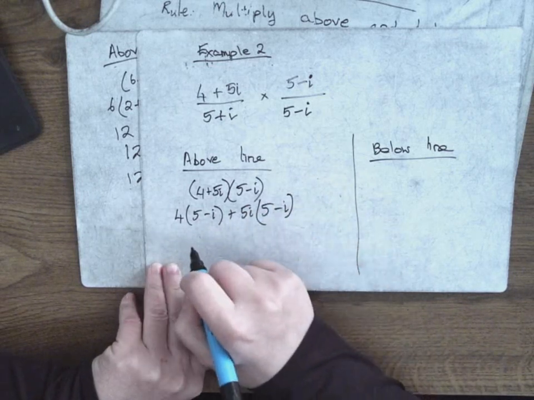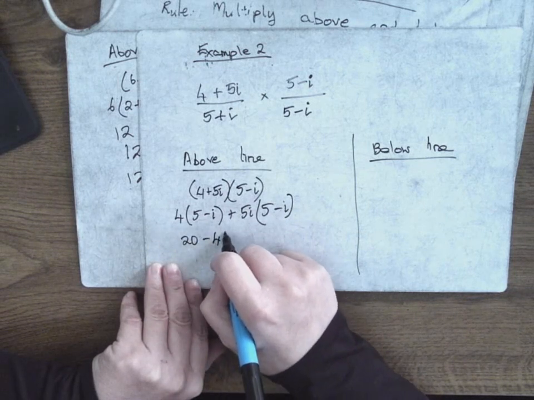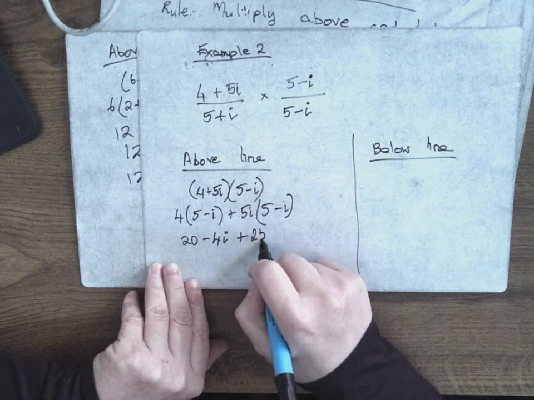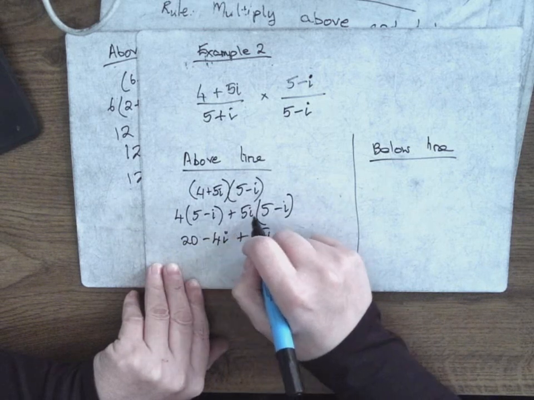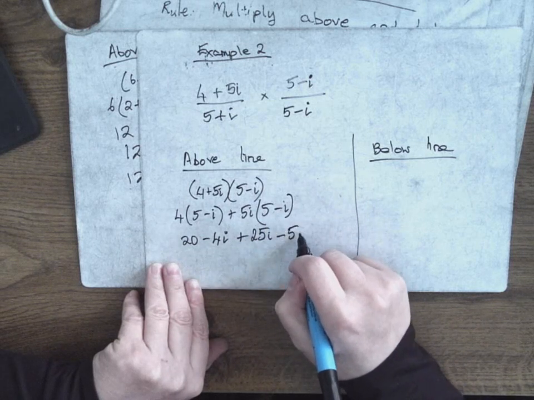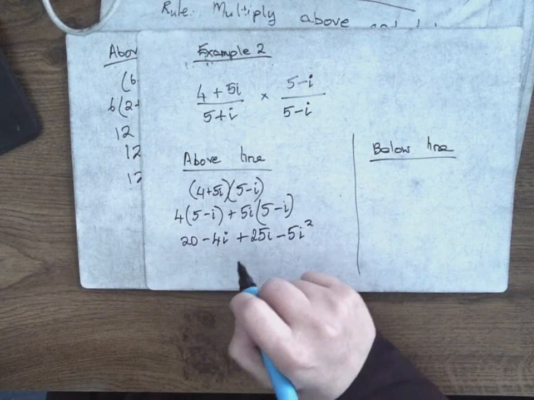So multiplying out, that's 20 minus 4i, plus 5 by 5 is 25i, then a plus by a minus is a minus, 5 by 1 is 5, i by i is i squared. The minute you see an i squared, replace it with minus 1.